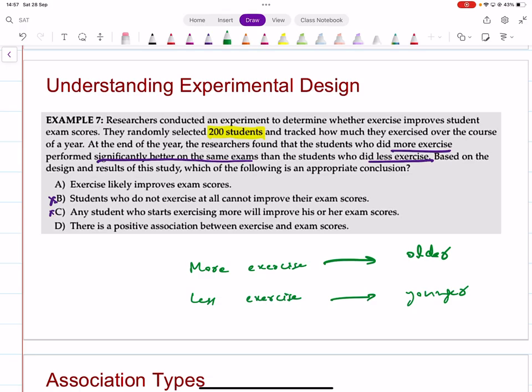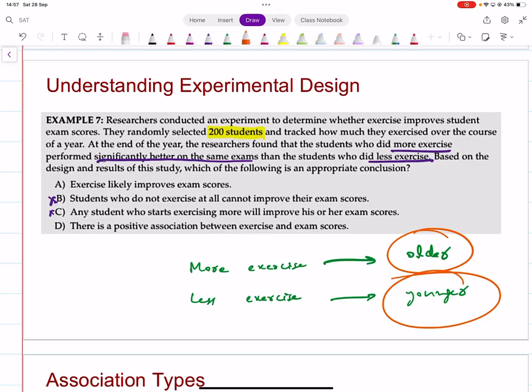Now, if you have older people, 18-year-olds and 10-year-olds giving the same exam, who do you expect to do better? Generally speaking, older kids are likely to do better. So is it impossible that the exam scores are actually improving because these are older kids, these are younger kids? And it's not because of exercise.